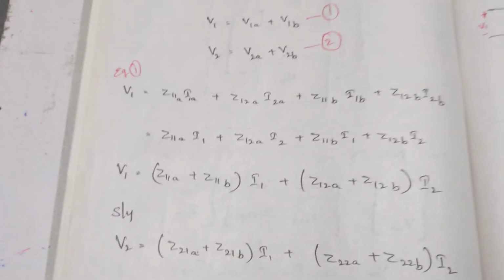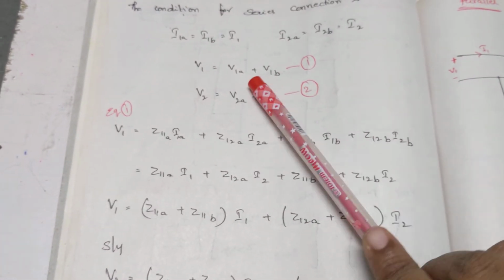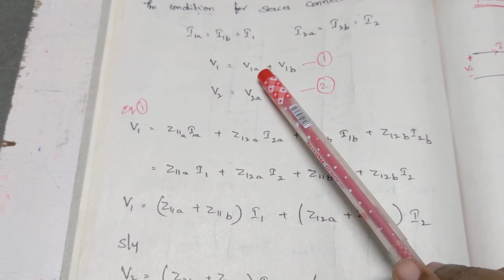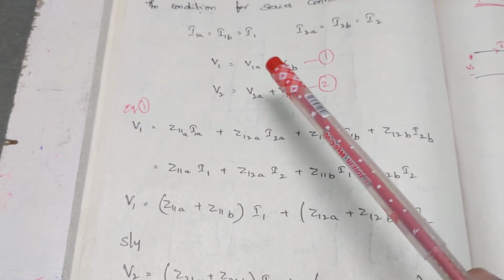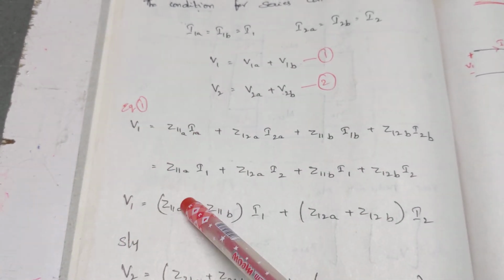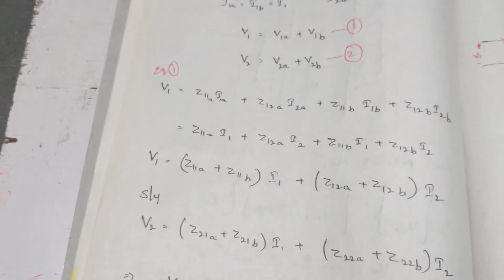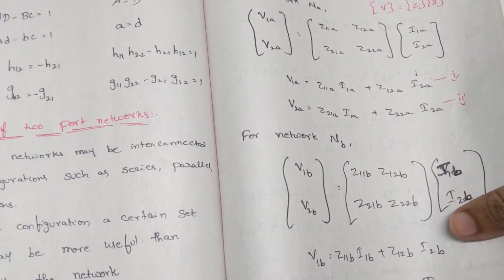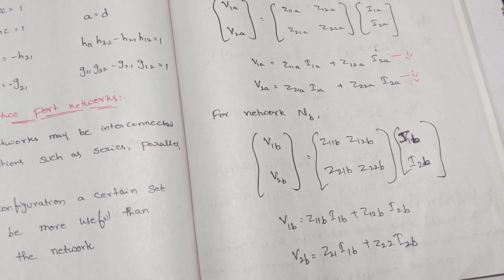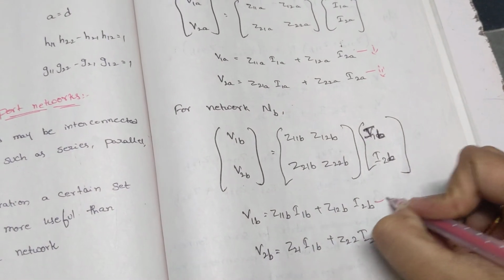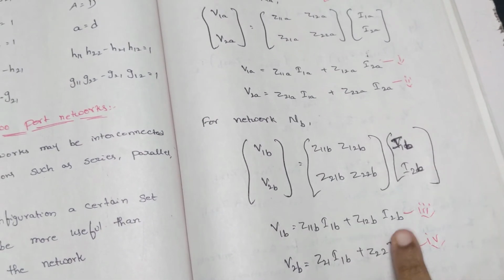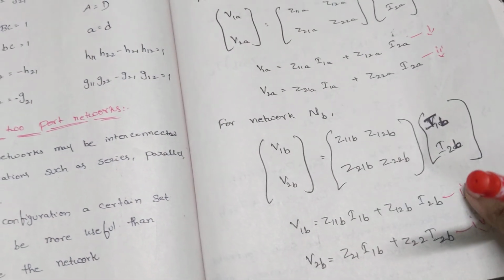Now from equation number 1, we know what V1A and V1B are. So replace those terms with your equations 1 and 2. Already we provided those equations. So replace V1A and V1B.